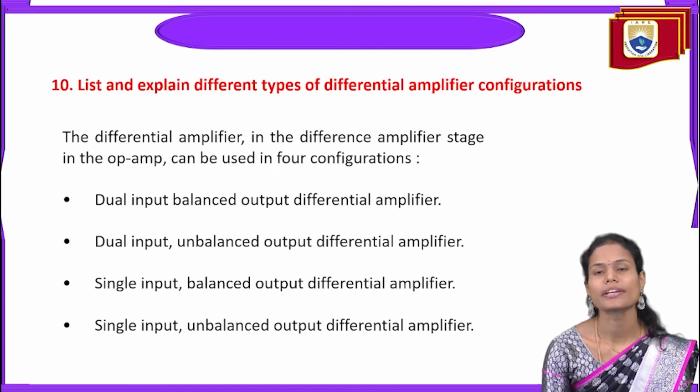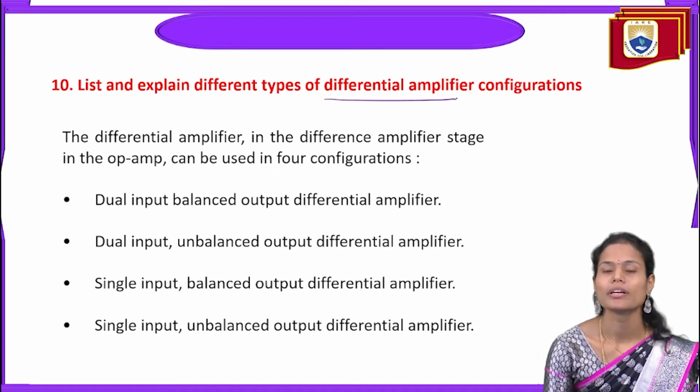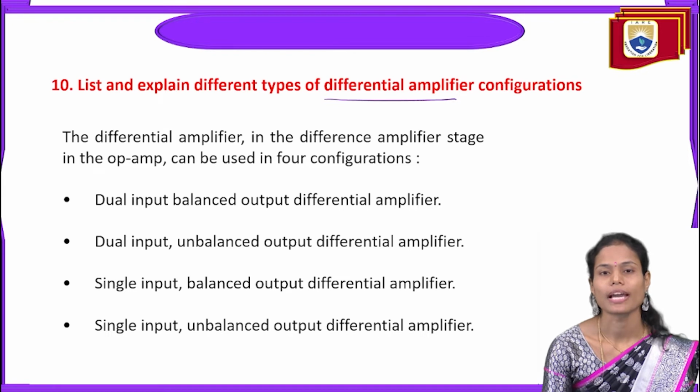And next, list and explain different types of differential amplifier configurations. So here, the differential amplifier will take the difference of the applied two input voltages. The amplifier will amplify the differential voltage.